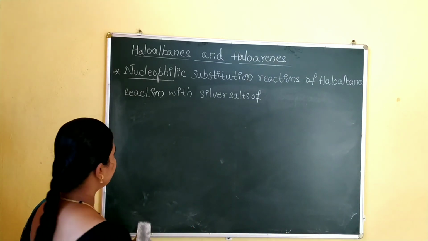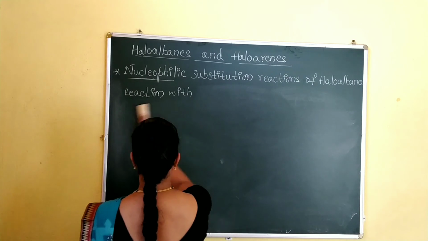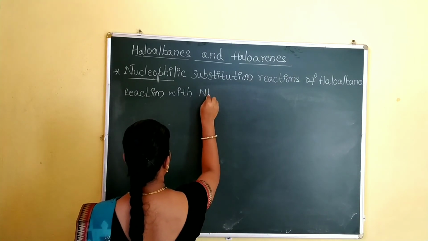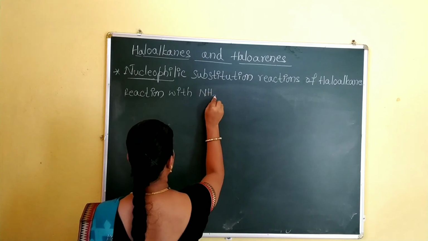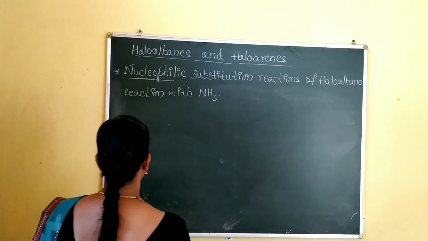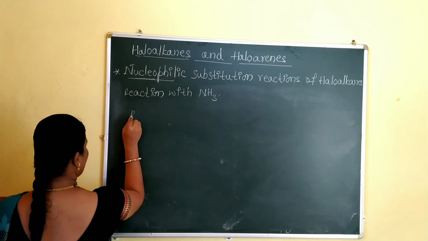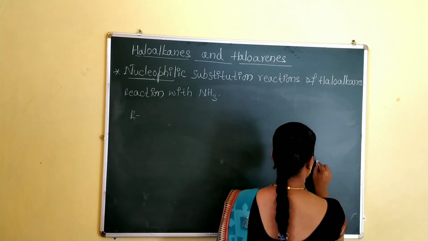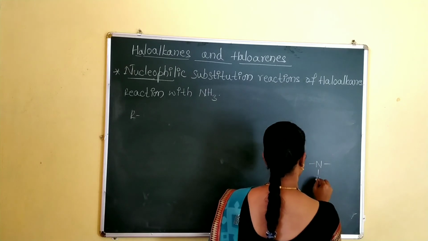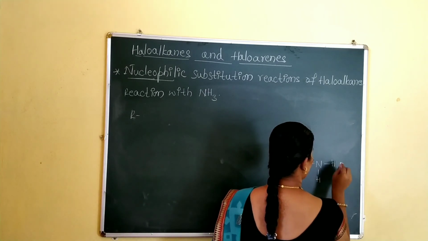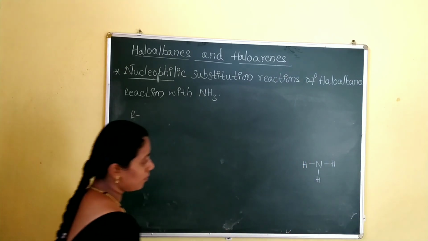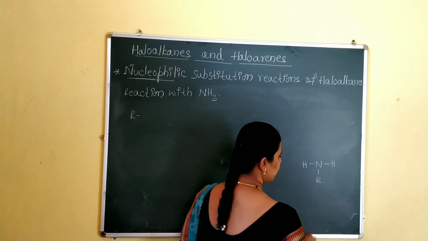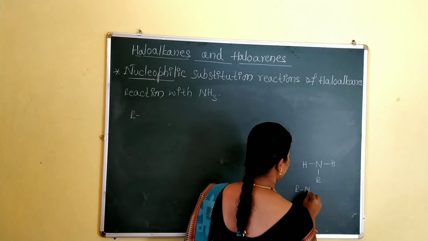Next one is reaction with ammonia. See here, before that, what is the formula of ammonia? NH3. If one hydrogen atom of ammonia is replaced by one R group, alkyl group, then it becomes RNH2.